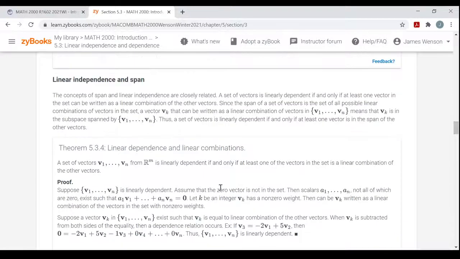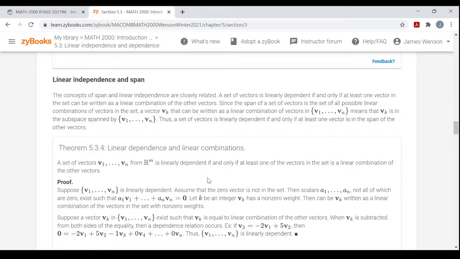Now we're tying into a concept that we saw in the first section 5.2, the linear independence and that concept of span. Now, if you recall from 5.2, the span of a set of vectors was the set of all linear combinations of those vectors.